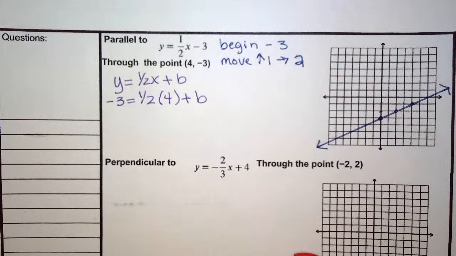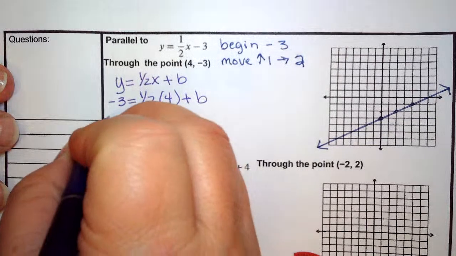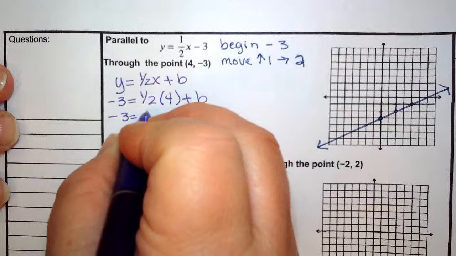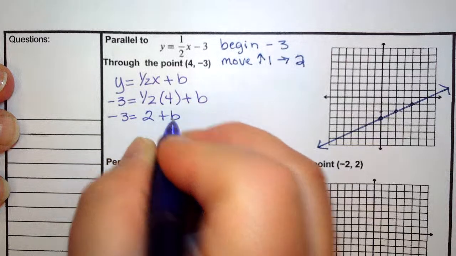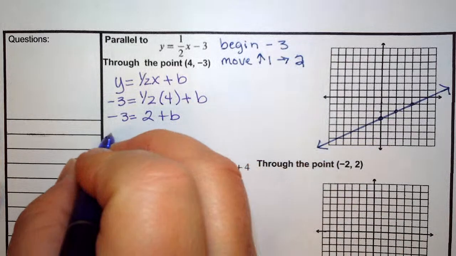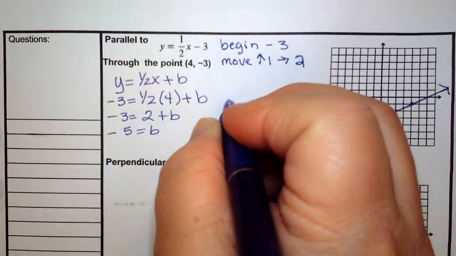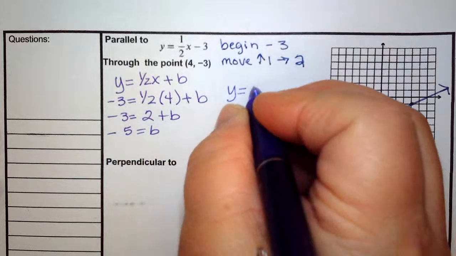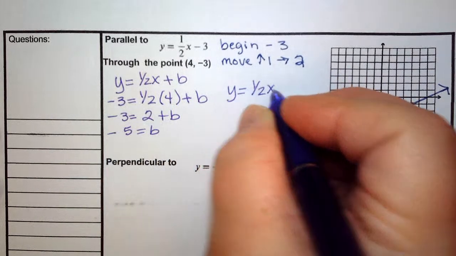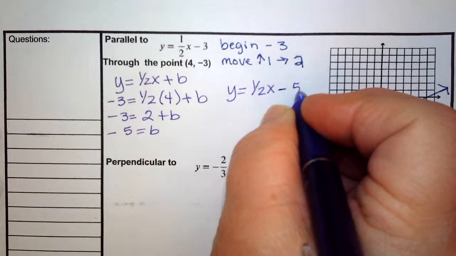Now solve. -3 equals 2 plus b. Subtract 2 from both sides. -5 equals b. It becomes y equals 1/2 x minus 5.